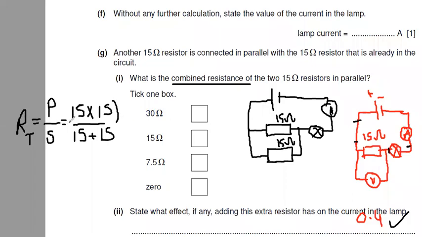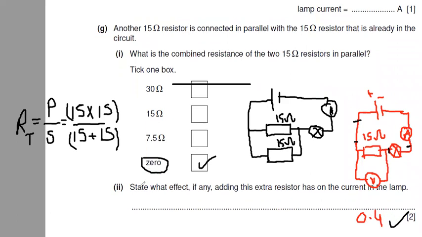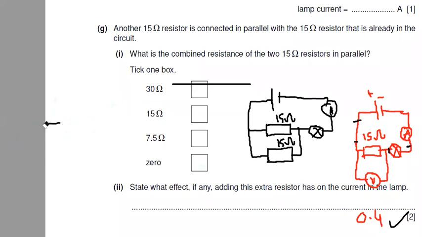So the final answer will be 7.5. As you can see, when the two resistors were in parallel, the total resistance of the circuit decreased and became 7.5.